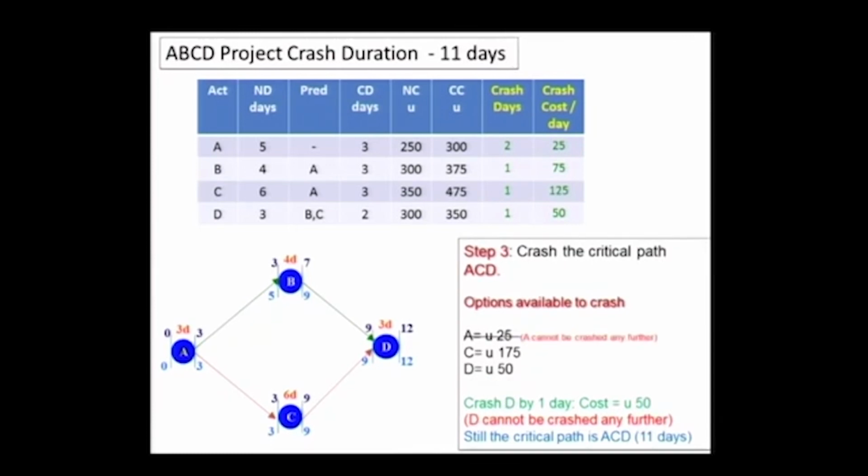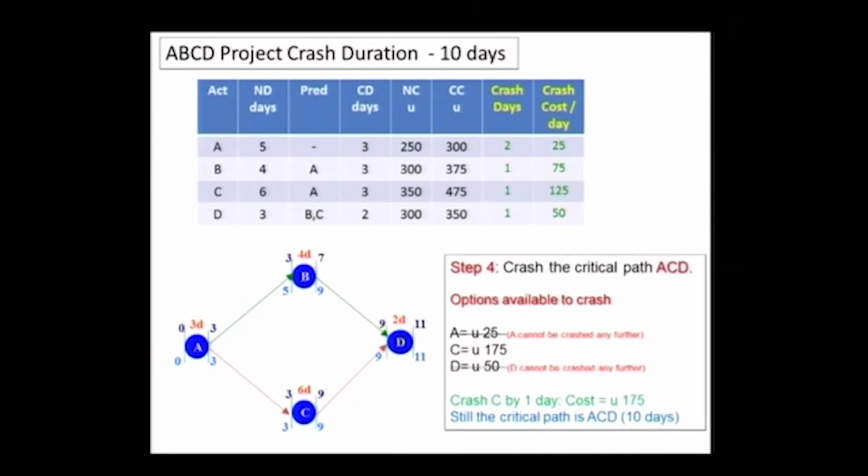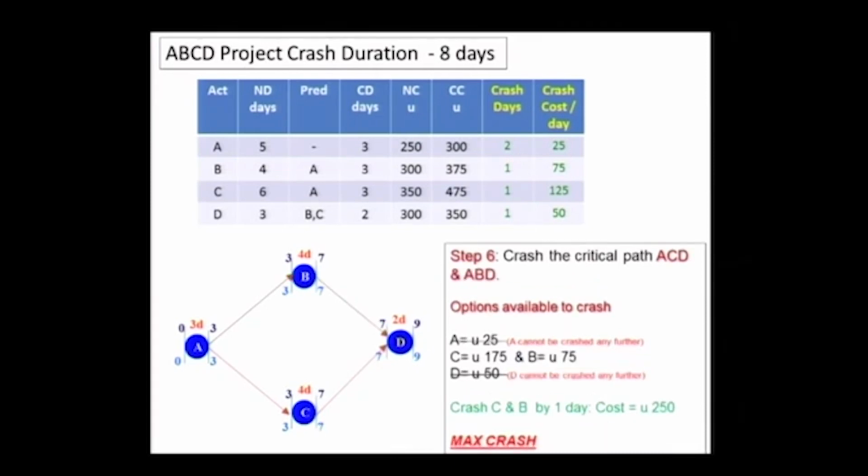Then next step we chose to crash D to 11, and then we said A and D cannot be crashed any further. We found the critical path was still ACD, so we crashed C by 1. Then we crashed C again by 1, and now both paths became critical, and then we had to do C and B by 1, and we reached the maximum crash duration, which was 8.